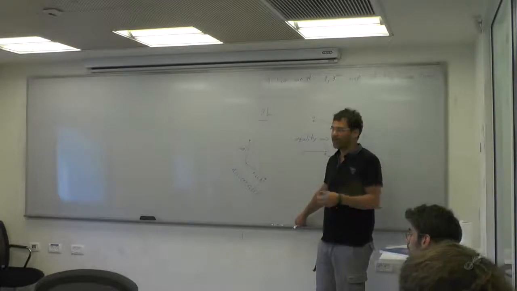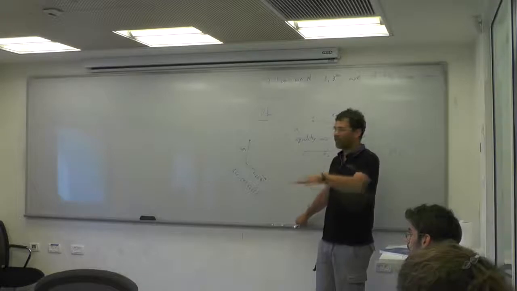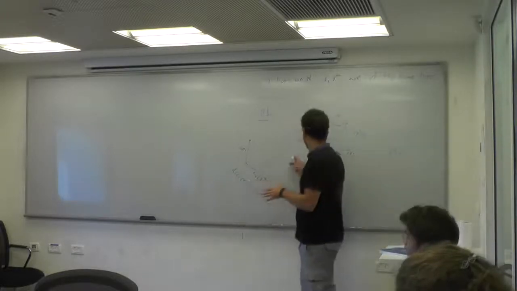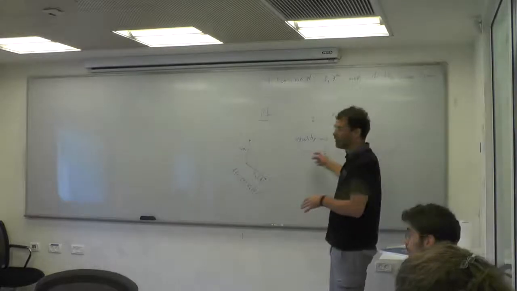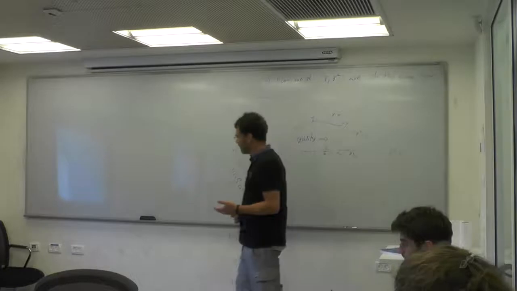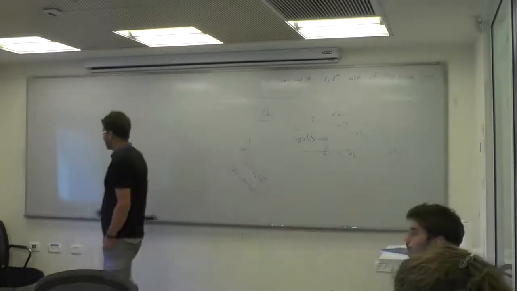You apply the lemma before to the line. So if we have a hyperbolic element, we found one line on which it acts by translation, and this translation is exactly the minimum of the displacement function.